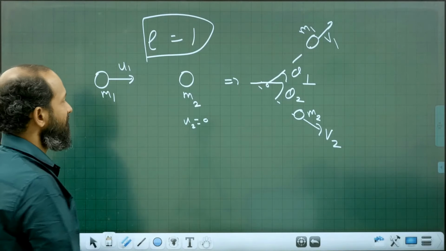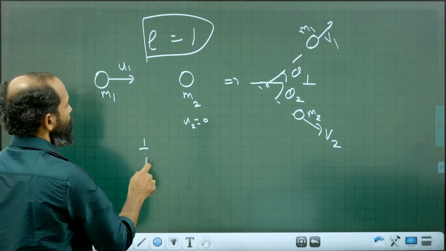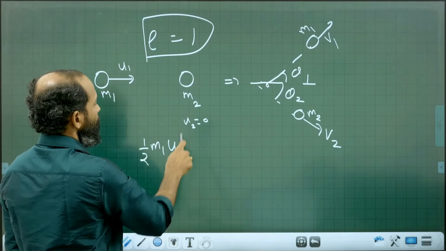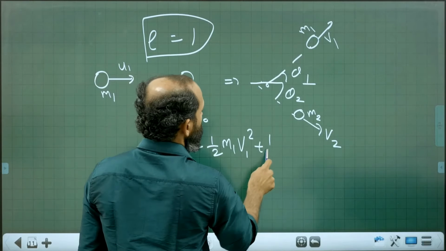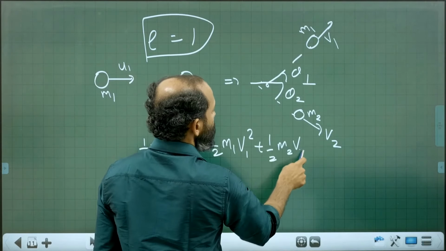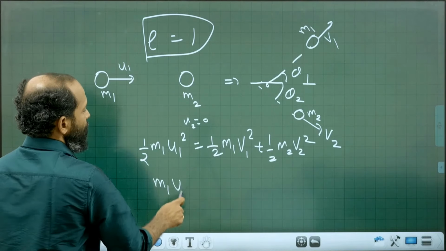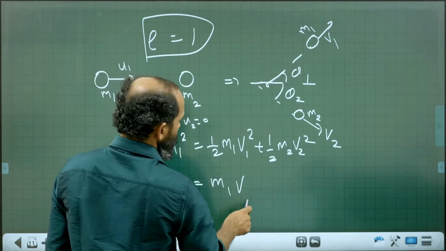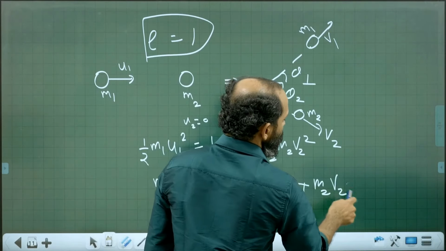Here also, if collision is perfectly elastic, that is E is equal to 1, kinetic energy before equals kinetic energy after. So half m1 u1 square equals half m1 v1 square plus half m2 v2 square. Momentum conservation: m1 u1 is equal to m1 v1 cos theta 1 plus m2 v2 cos theta 2.